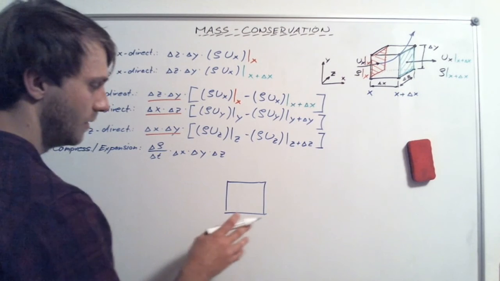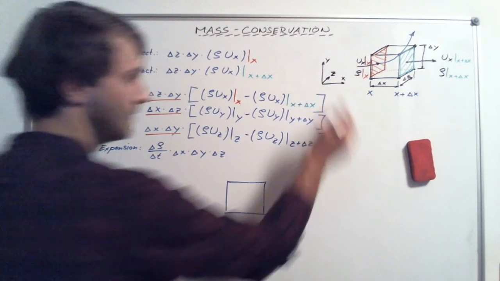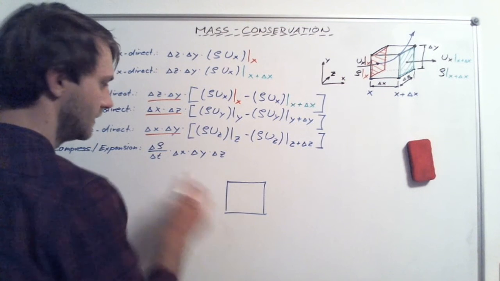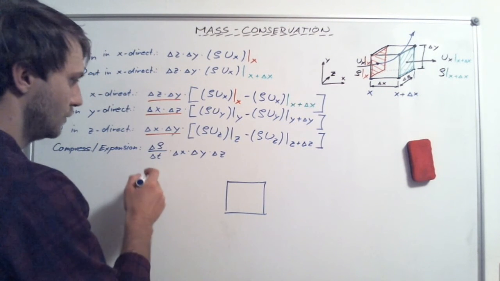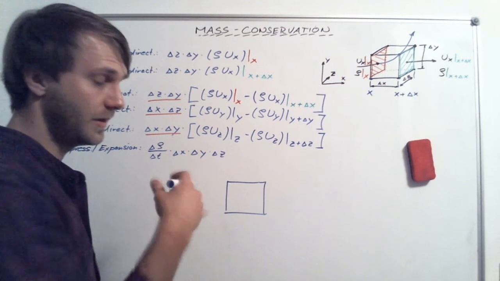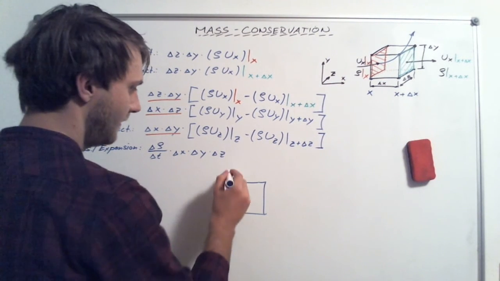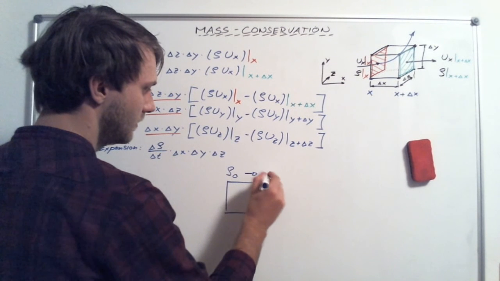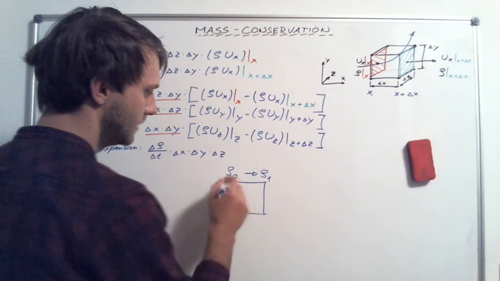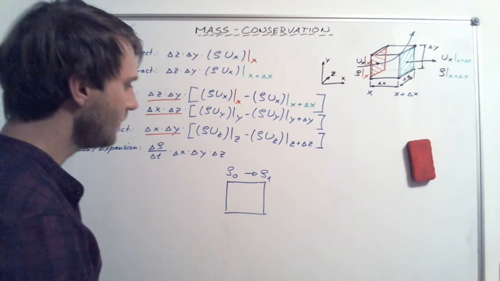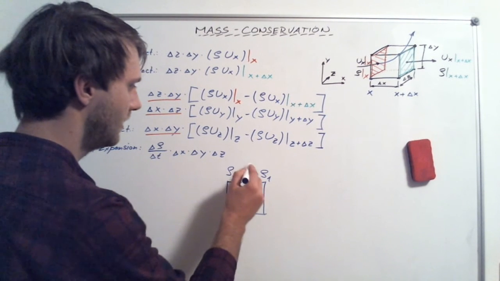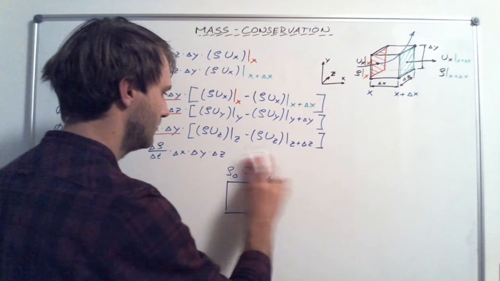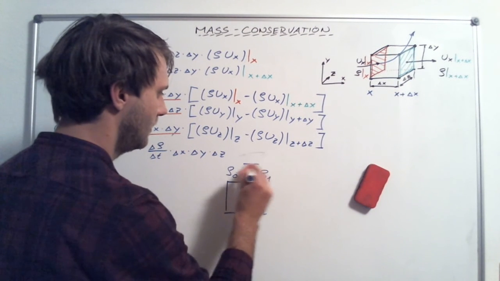So we already talked about how, due to the flow, mass is going in or out, and now we think about there is no flow, but we have different rho 0 and rho 1. What will happen? They are not equal.